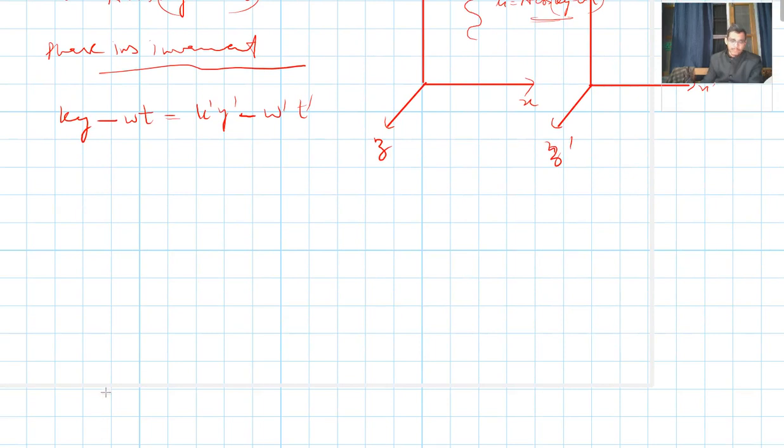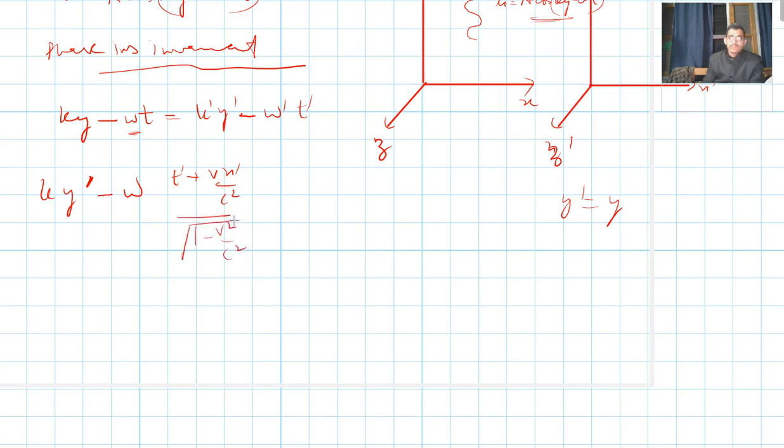So if you put their values, I will use ky prime as it is, because y prime is equal to y, and omega will remain as it is, but t can be written in the form of t prime: t is t prime plus v x prime over c square, upon square root of 1 minus v square over c square.